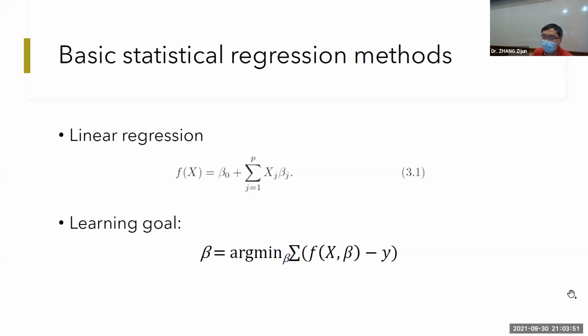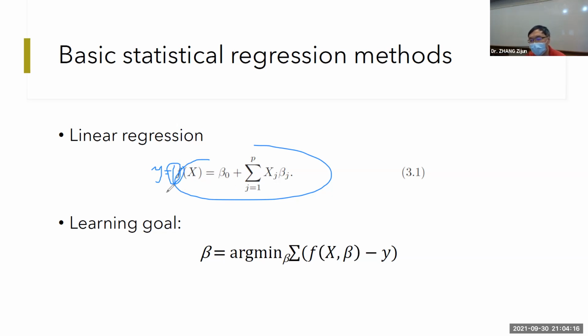So first we start with the very fundamental linear regression to understand the regression problem. The linear regression form is written as this equation. So y is equal to f(x). f indicates the linear form of the equation.